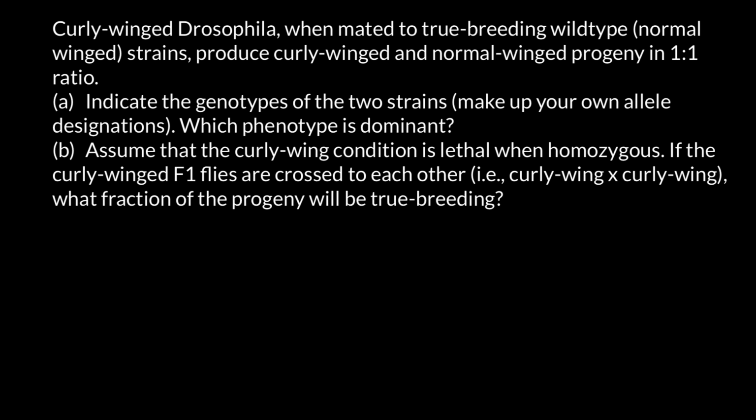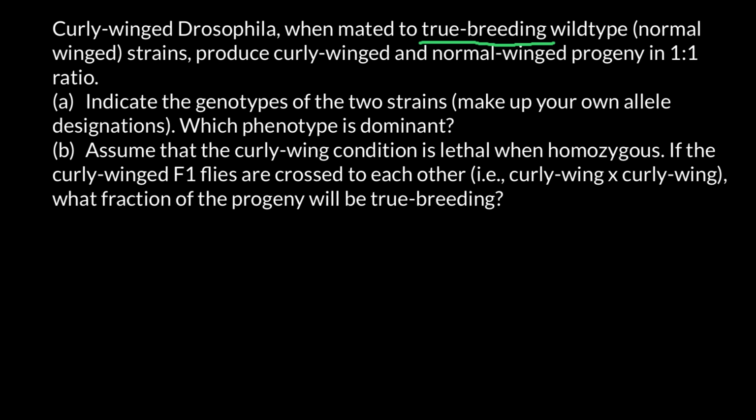First of all, I want to explain what true breeding means. True breeding is when we mate two animals or pollinate two plants with the same trait, and all the progeny also have the same trait.